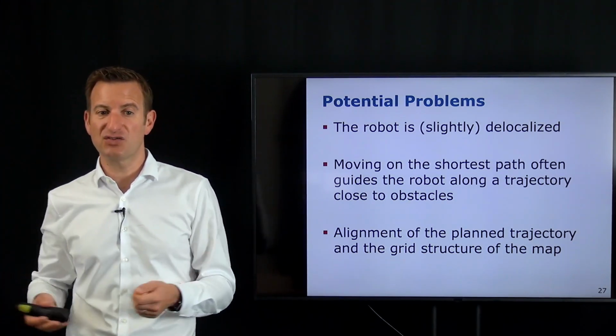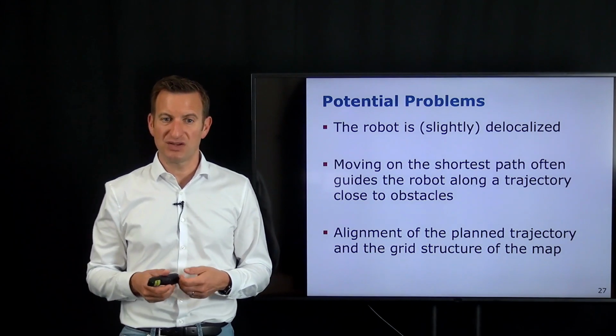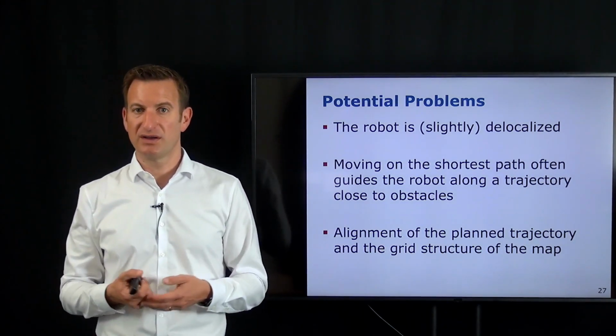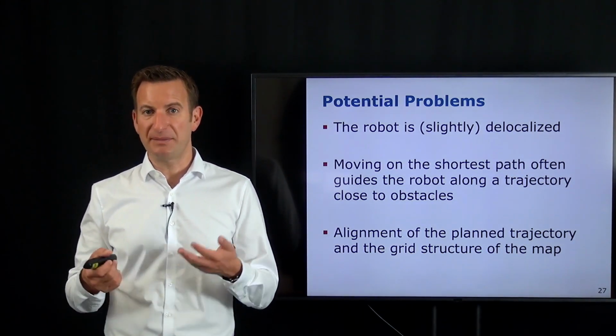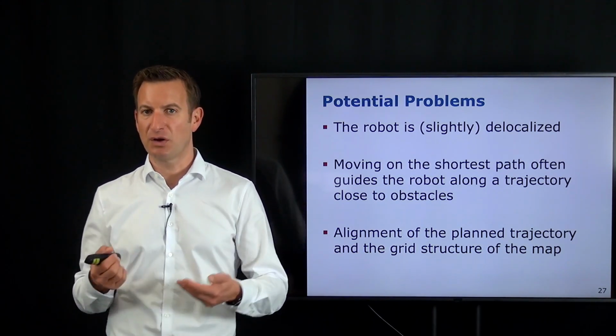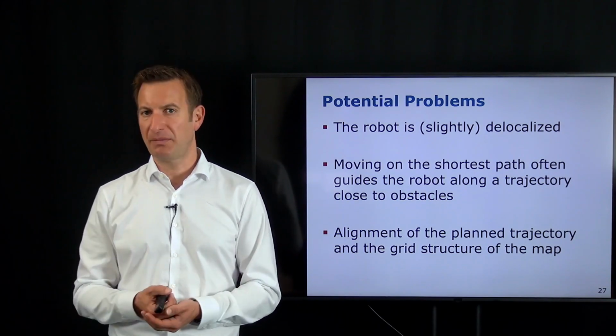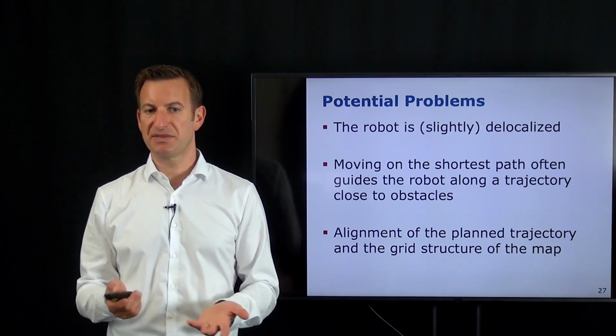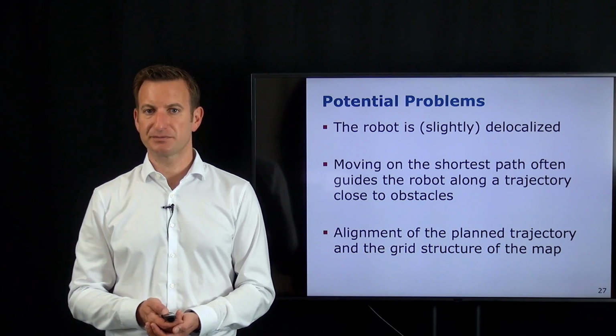So we will get a trajectory which is not the optimal trajectory and may look a little bit weird. Although it is optimal in the abstraction of our world to this grid map with an 8-neighborhood, it is not the optimal path in the real world. And that's something that can happen to us.